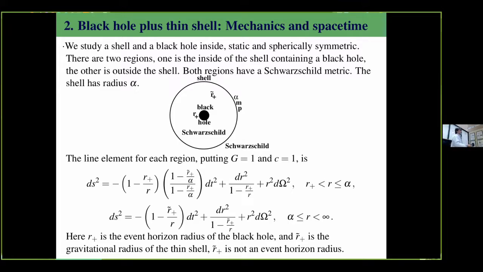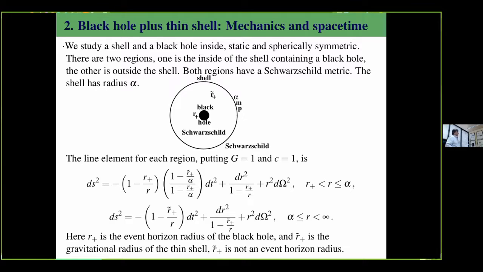So for instance, the sun has some mass and radius 700,000 kilometers, and has gravitational radius 3 kilometers. The same for the shell. The shell has some mass, has some radius alpha, and has gravitational radius r plus tilde. The line element for the inside, r plus less than alpha, is given by this expression here, where you get r plus, and you get a connection so that the metric, the line element, is continuous.